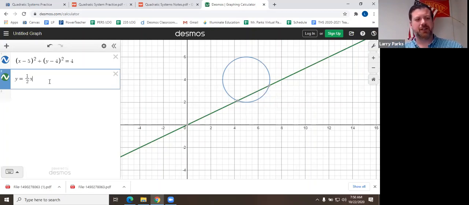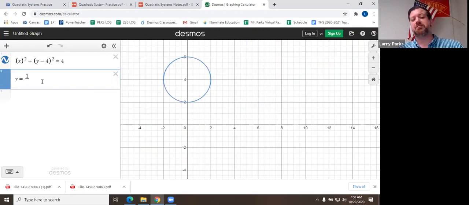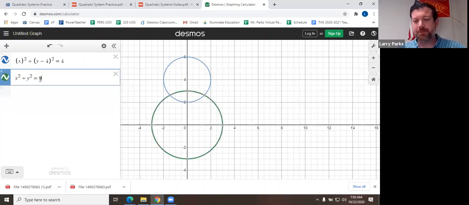All right, what if we did 2 circles? Let's make this a little simpler. That works. What if I did x squared plus y squared equals 9.